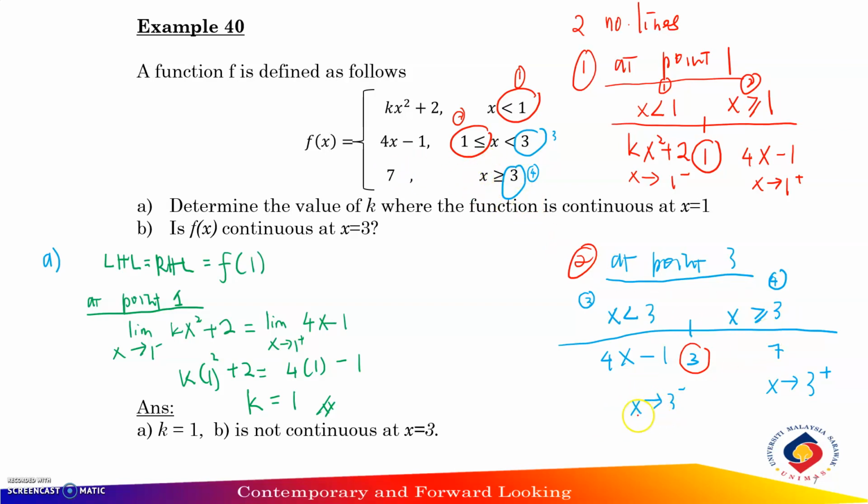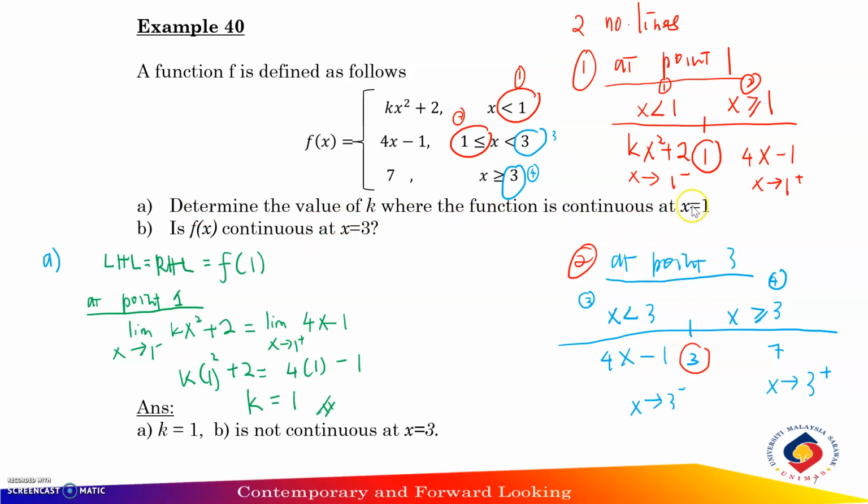Then we can find the limit of f(x) as x approaches 3 from the left, and the limit of f(x) as x approaches 3 from the right. Now, as you can see, we have 2 points to be approached, at point 1 and at point 3. So now to answer question A, determine the value of k where the function is continuous at x equals 1.